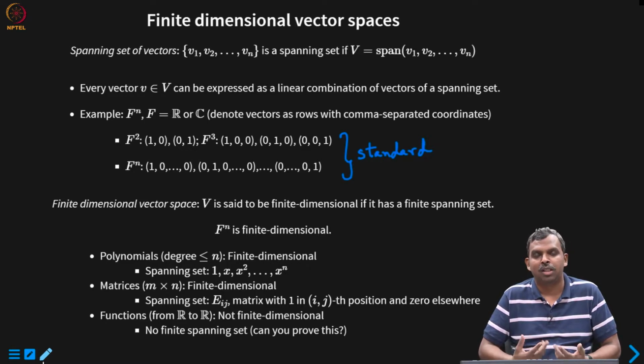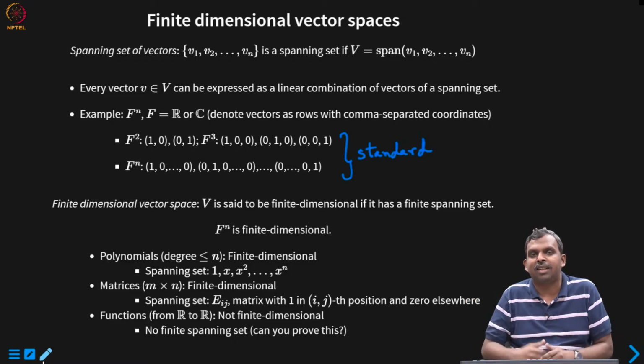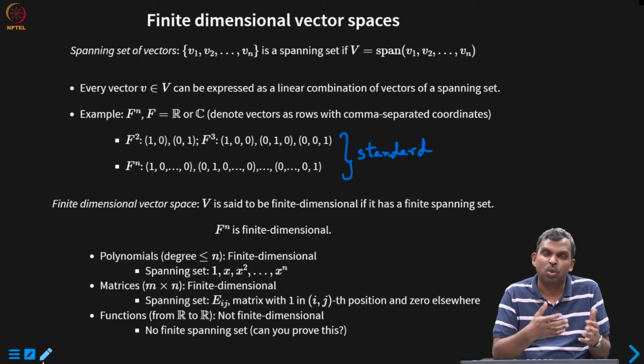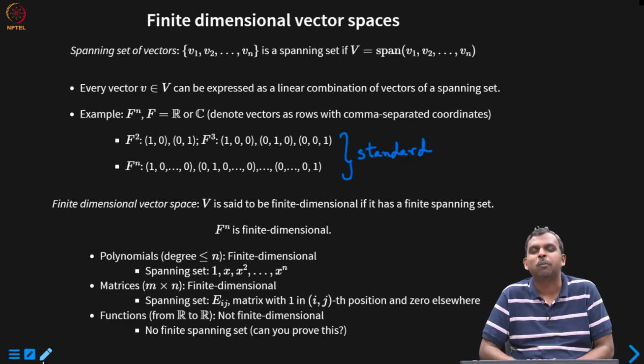And when you have polynomials of any degree, clearly you're not going to have a finite set of vectors which span the whole space. So you can prove this in that fashion. Out of the examples, most of them are finite dimensional, but there is at least one example which is not finite dimensional.